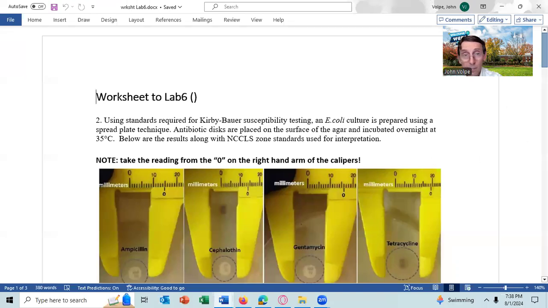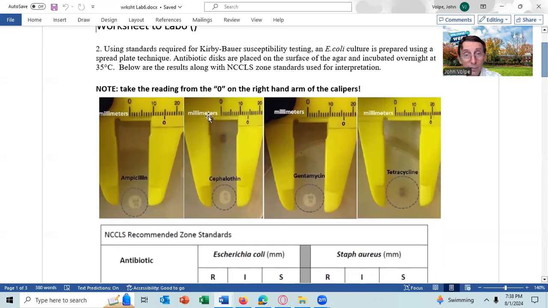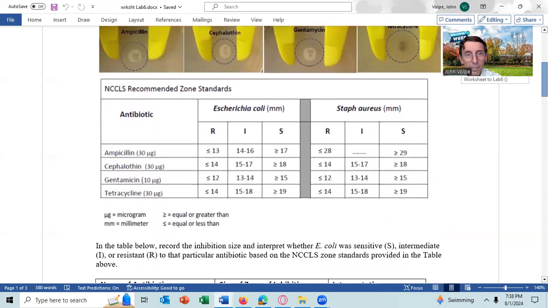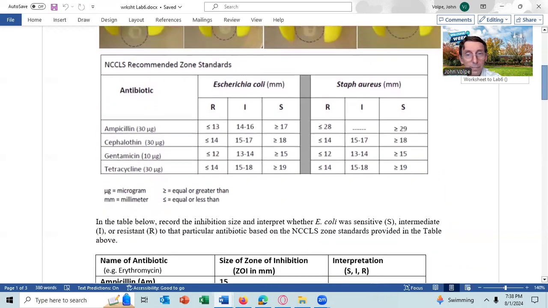So, answer question 2. We have the Kirby-Bauer disc diffusion test, and there's one there for the antibiotic ampicillin, which is the bacteria. I think it's E. coli. Yep, E. coli.